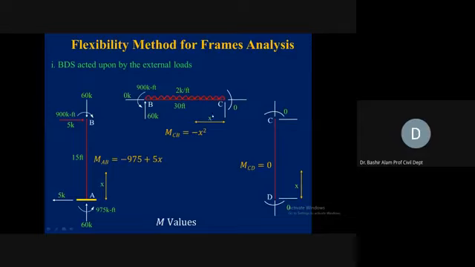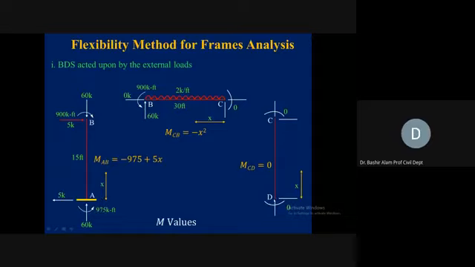The 2 will cancel, and we are left with only minus x squared. So MBC is equal to minus x squared. Here you see x starts at C as 0 and goes towards the left. Here x starts at 0 and goes in the upward direction.